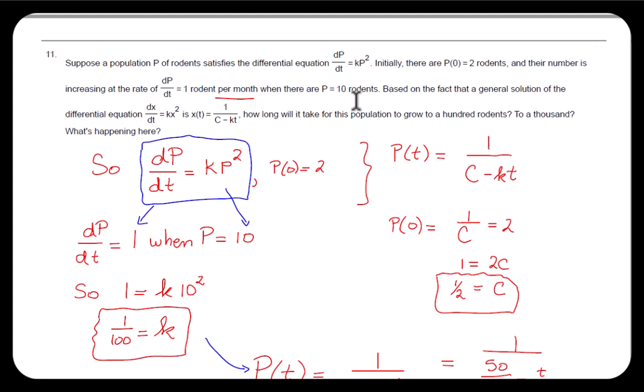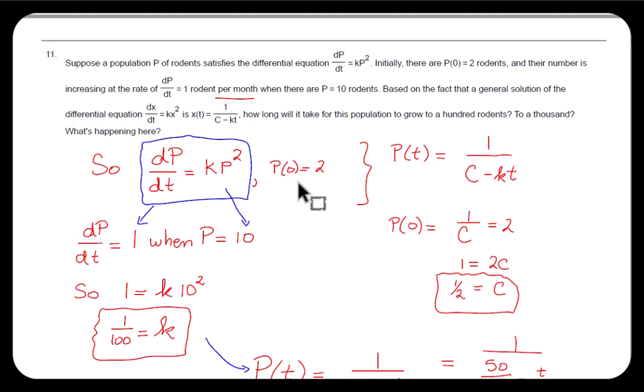All right. And they say that based on this kind of differential equation, the answer looks like the following. Notice this answer has both a k and a c here with the t. All right, so let's see. What do we have to do? So here's our differential equation.